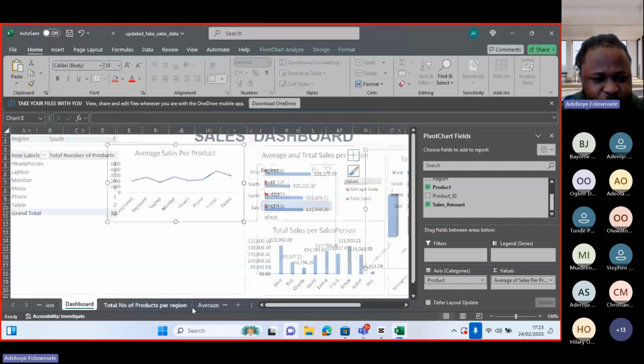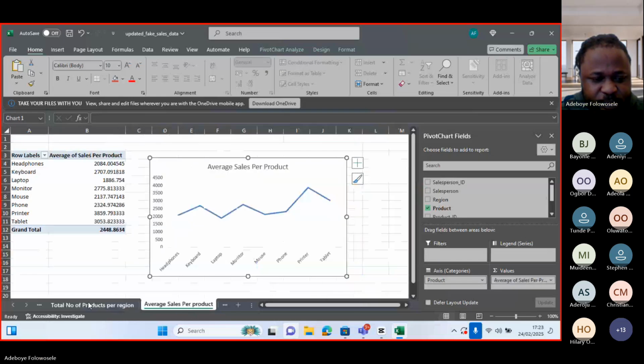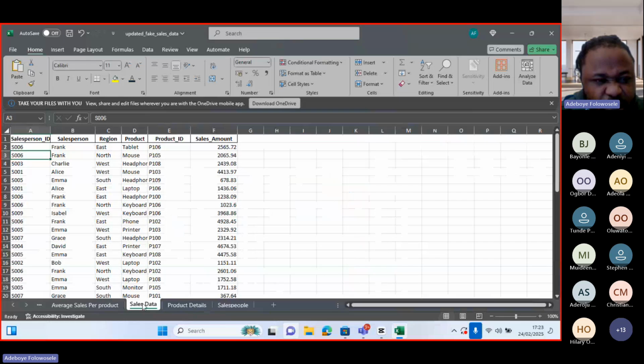Let me look for another, maybe... what other things could we do? We've looked at average sales per region, per salesperson, per product.